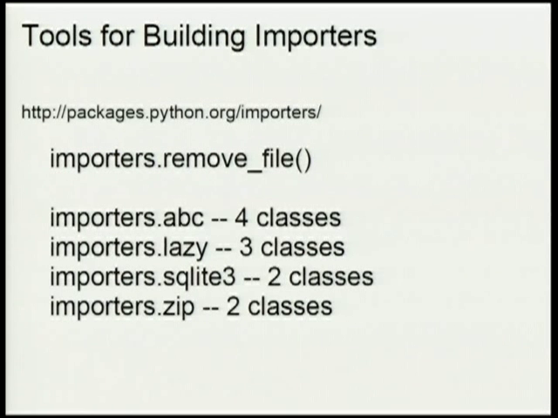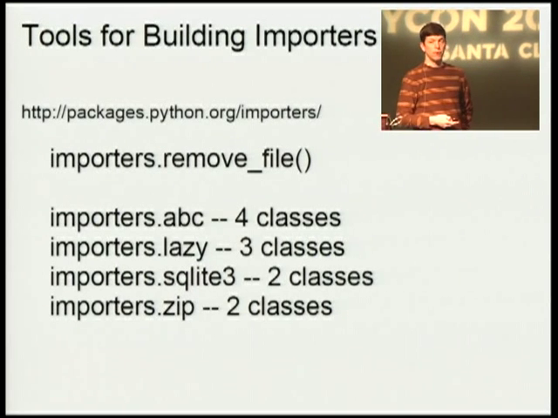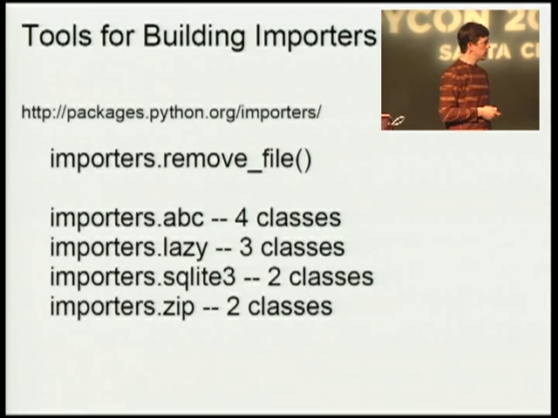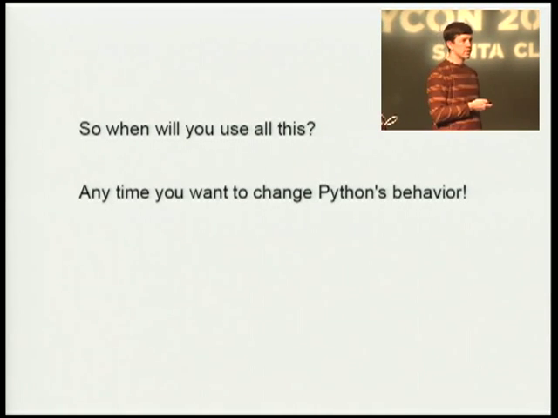And then if you go and look on the Cheese Shop, you'll find that he also has another package out there that provides extra stuff that's really useful for writing import hooks. Which is kind of neat. I mean, importing stuff out of SQLite. Kind of clever.